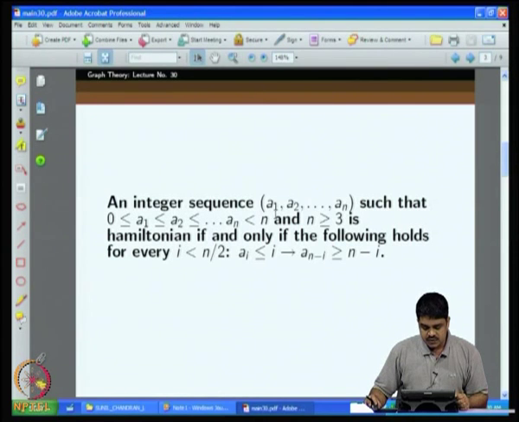So, an integer sequence a1, a2, an such that 0 less than or equal to a1 less than or equal to a2 less than or equal to an strictly less than n is Hamiltonian if and only if the following holds.